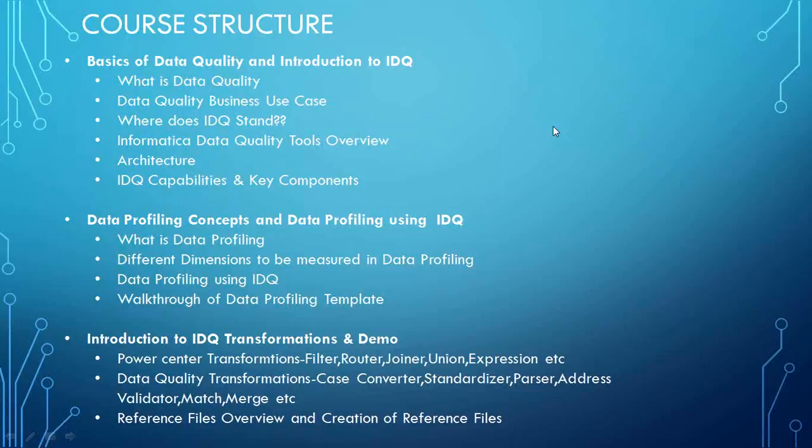You have a good number of data quality transformations. We will talk about each of these transformations in theory, and then on the same day, I will help you out with a demo to show you how to use the transformation, what all options you will have, how to configure it, and all these things.